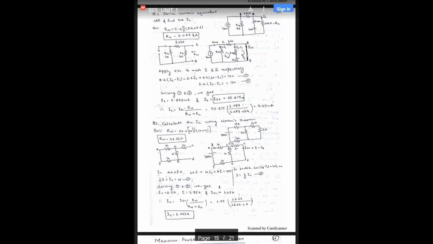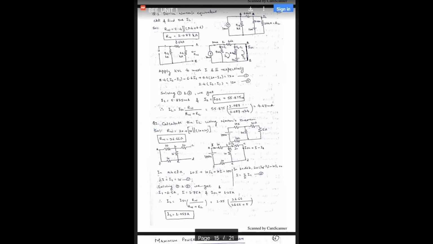If any current source is there, then we open that current source, and if any voltage source or EMF source is there, then we short that voltage source.